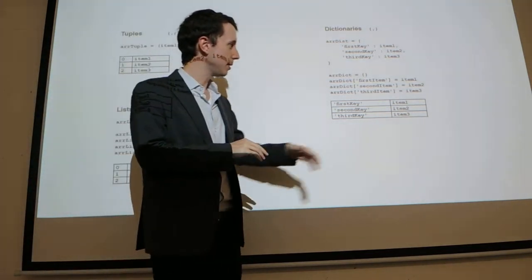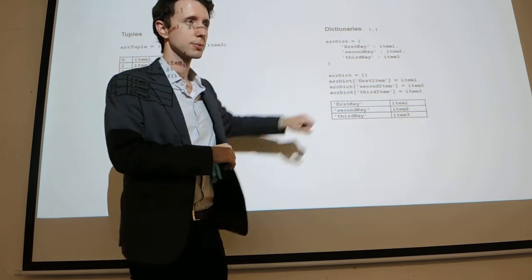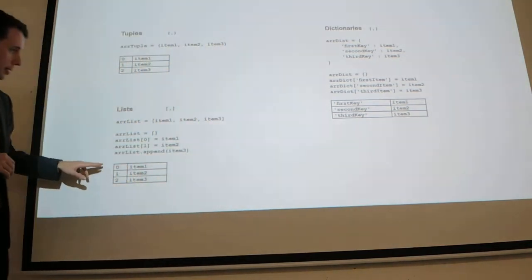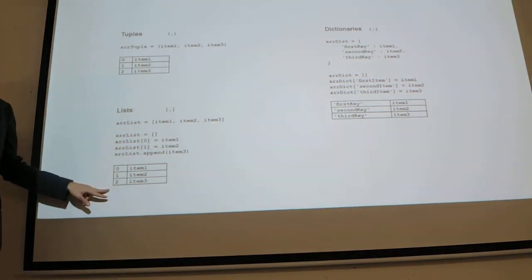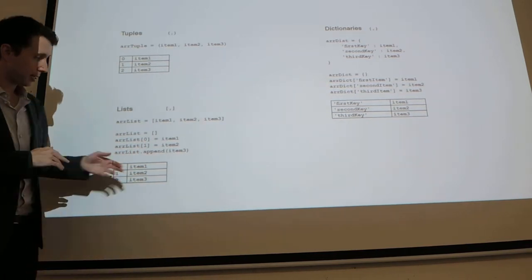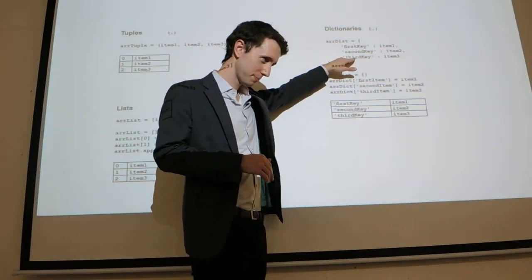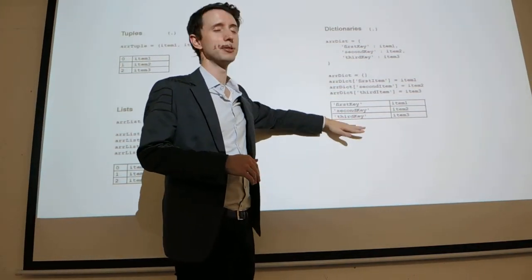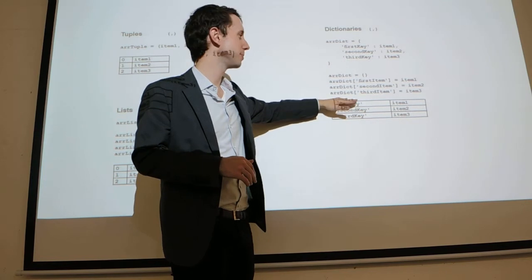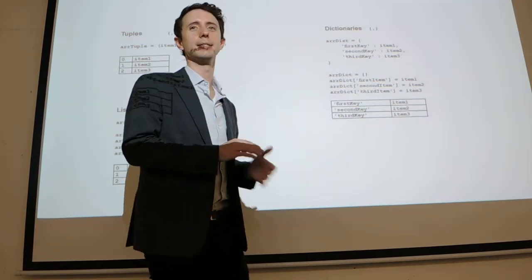So the keys in a dictionary are always strings. The indexes in a list are always integers. Similarly, you cannot run the append command on a dictionary because there is no order to it, really. So you're never really appending an item. You have to add the item.